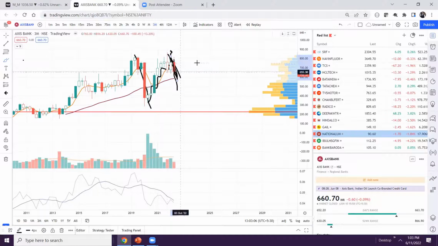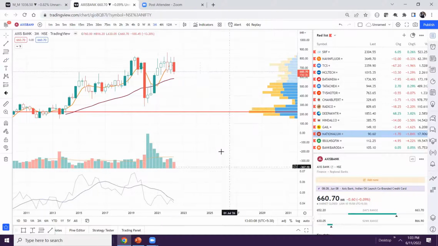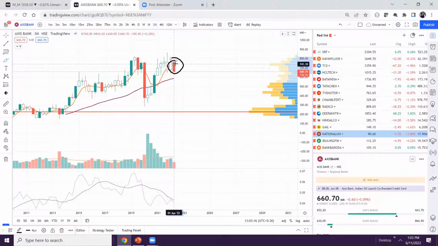And this is a quarterly chart, which means it can last longer. This is 3 months, right? Which means for the next 3 months it can be going down, for the next 1 year also.